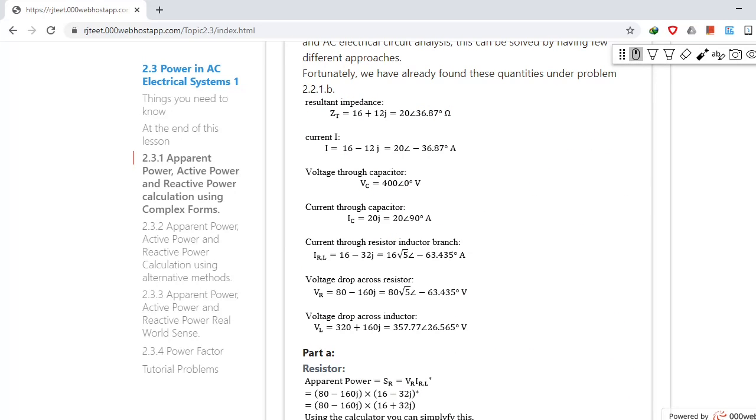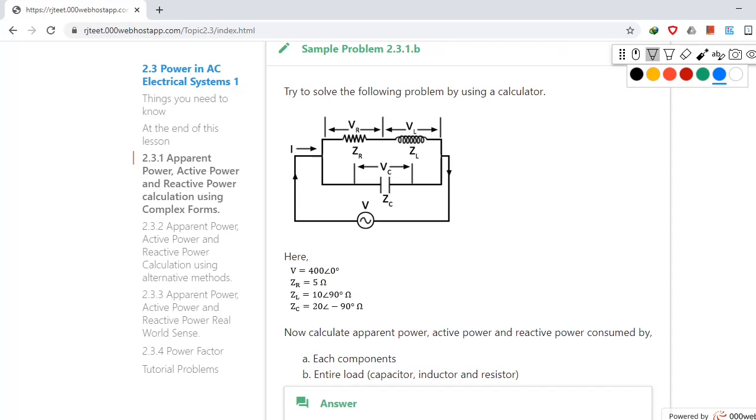So you know the values: the voltage, current, the total impedance, and the current through each branch here, because here we have several branches and this branch has a different current value compared to this one. The current here would be the summation of these two currents.